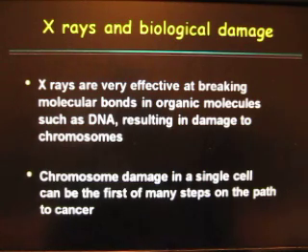So, yeah, X-rays are very effective at breaking molecular bonds, and we're particularly concerned, of course, about molecular bonds inside DNA. And so what that can lead to with X-rays is damage to our chromosomes. What we believe is the general model of how cancer occurs is that chromosome damage in a single cell is the first of many, many steps that ultimately lead to cancer.